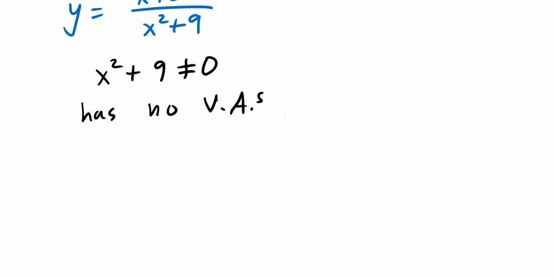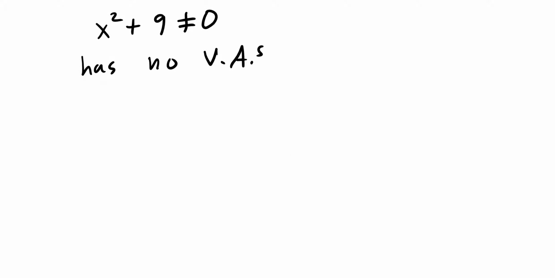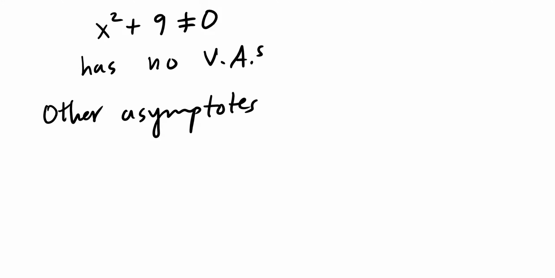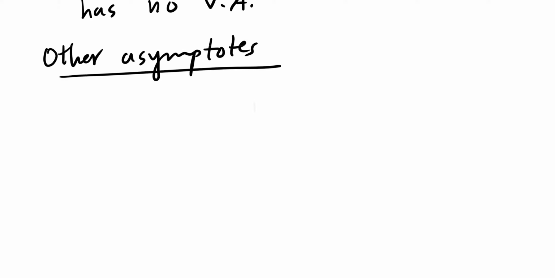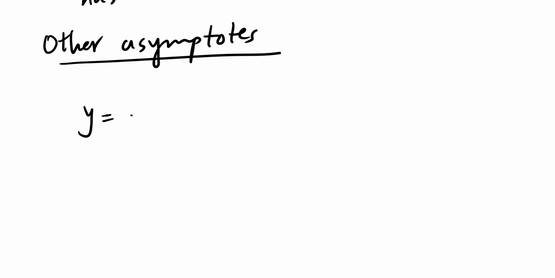How do we deal with the other asymptotes, the horizontal and the slant? So let's call it other asymptotes. Rational functions will be given in the form ax^n plus something over bx^m plus or minus something else.